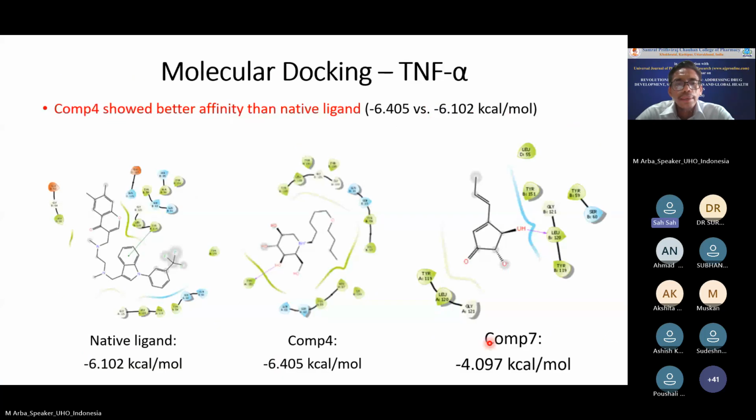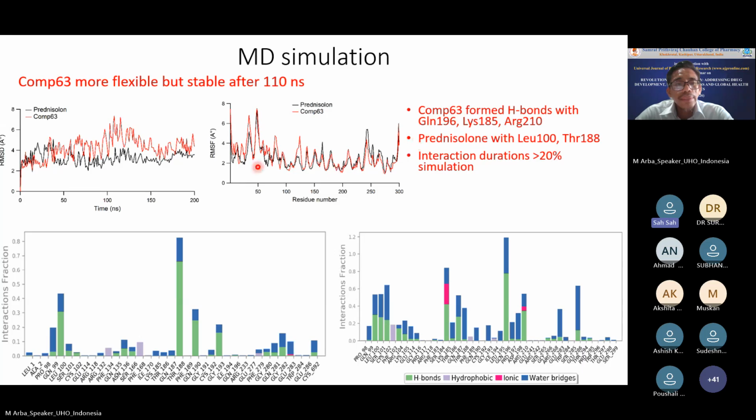And the case is similar when docking to TNF alpha. And then we performed molecular dynamics simulation, and we see here that prednisolone is more stable than our compound 63. But overall the complex is stable based on the value of RMSD here.